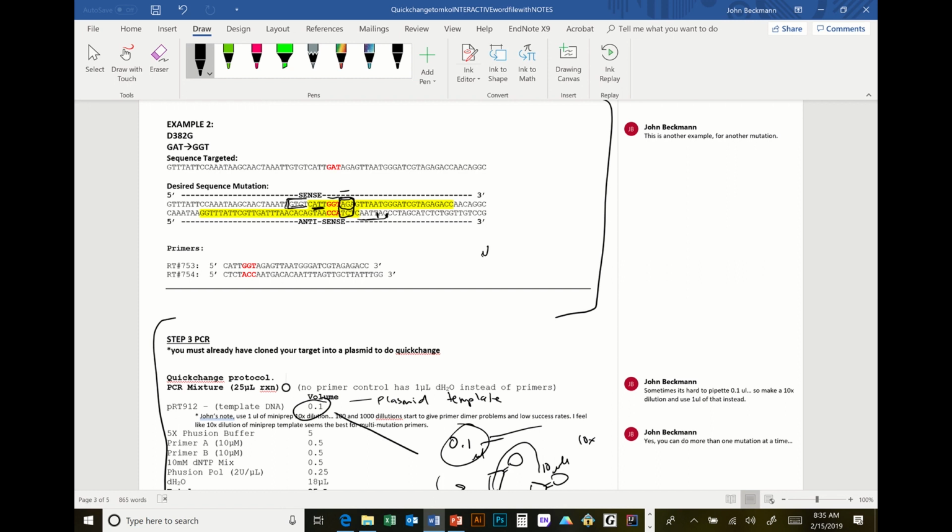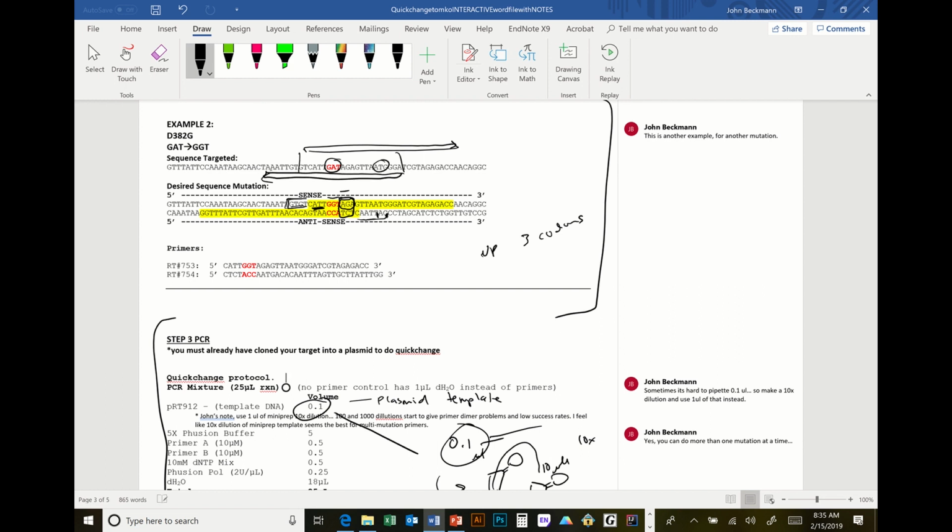So I've done 3 codons at the same time. And it gets harder if they're spaced farther apart, right? Because if you wanted to mutate this and this, that means your primers are going to have a lot more overlap and they're going to produce a lot more primer dimers.